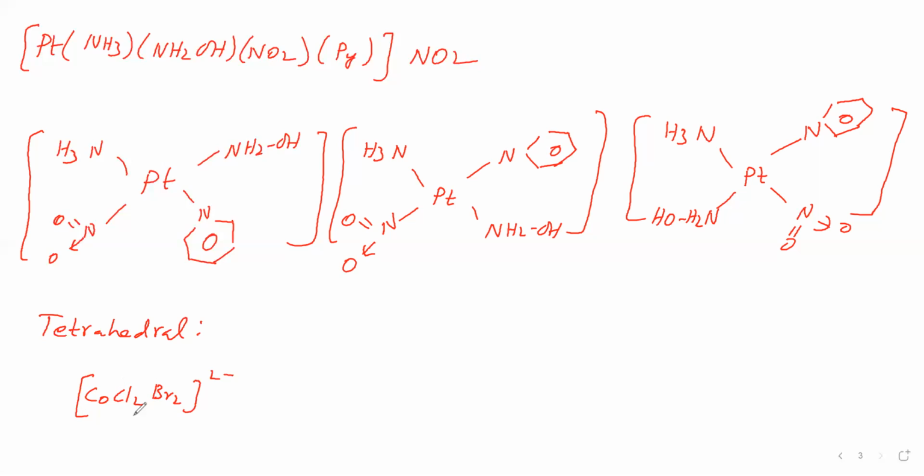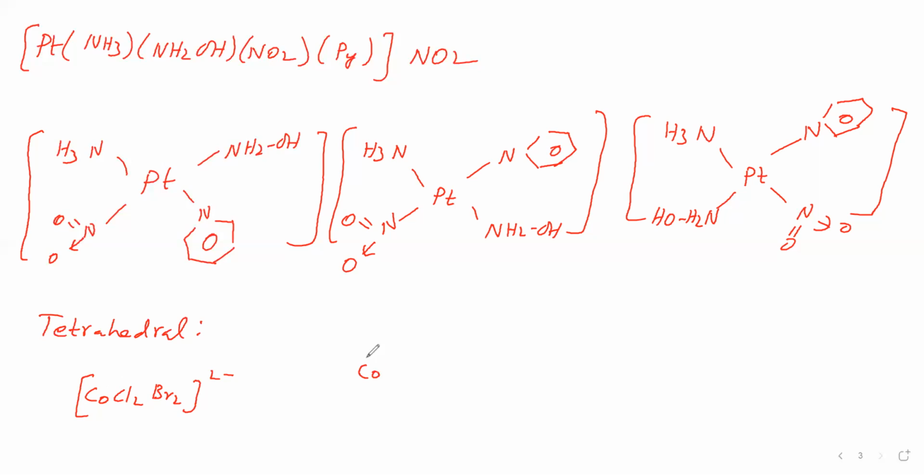Here four ligands are there, so the coordination number is 4. Coordination number 4 means tetrahedral and square planar are possible. It is coming under the tetrahedral category. For this tetrahedral complex, we will see whether geometrical isomerism is possible or not.